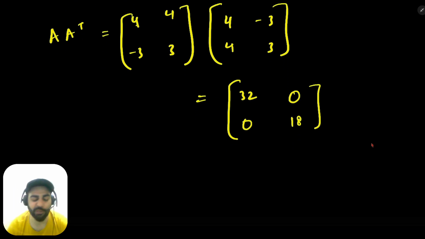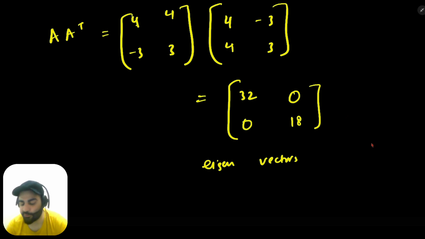The thing is, we need to compute its eigenvalues and eigenvectors. Obviously there will be two eigenvectors and two eigenvalues. So tell me, how do we compute the eigenvector? Eigenvectors basically mean that if I multiply by the matrix, the vector should remain the same. Can you compute the eigenvalues and eigenvectors?